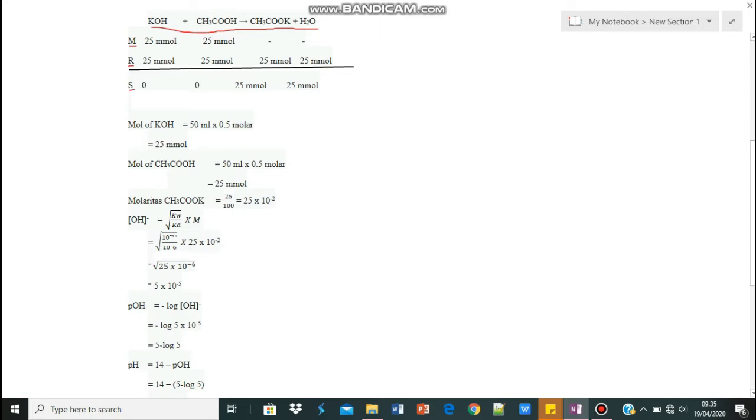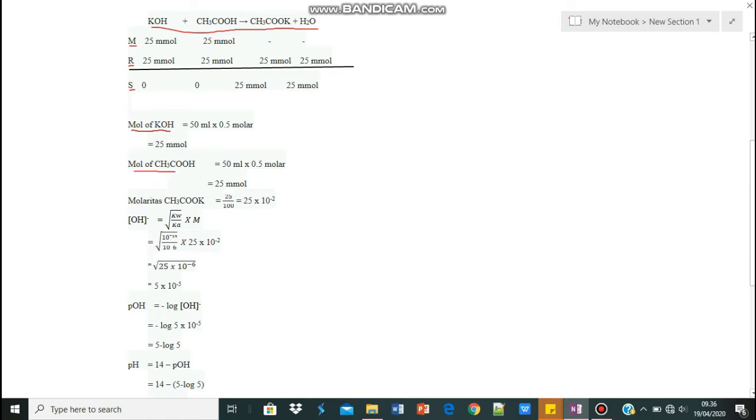Before, we have to calculate the millimole of each solution. For calcium hydroxide, that is 50 ml times 0.5 molar equals 25 millimole.